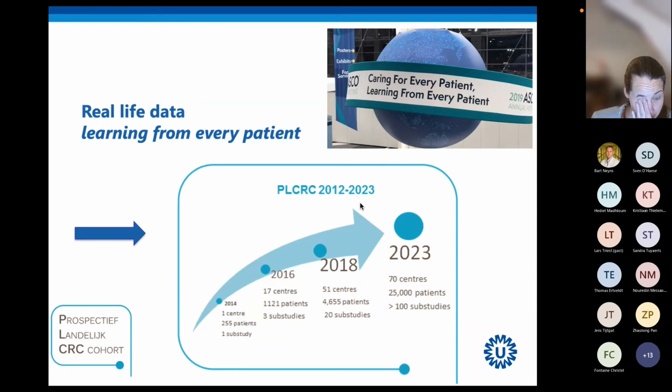So it started in 2014 in the UMC Utrecht, so only in one center. Currently, it's open in nearly all centers in the Netherlands. The Netherlands has around 70 hospitals, and it's open in 63 hospitals now. Currently, nearly 15,000 patients are included in PLCRC, and we have 60 sub-studies.